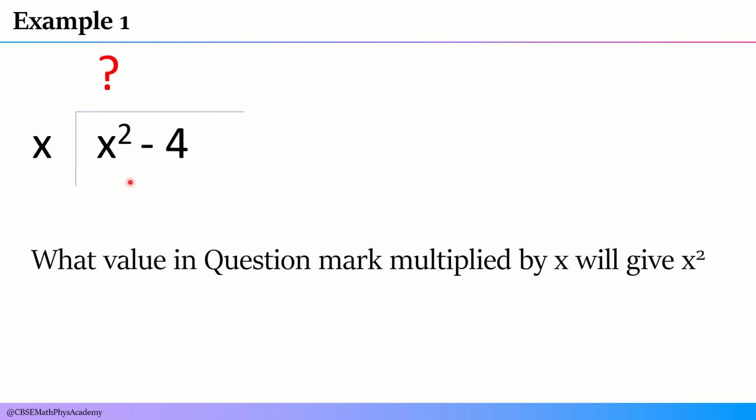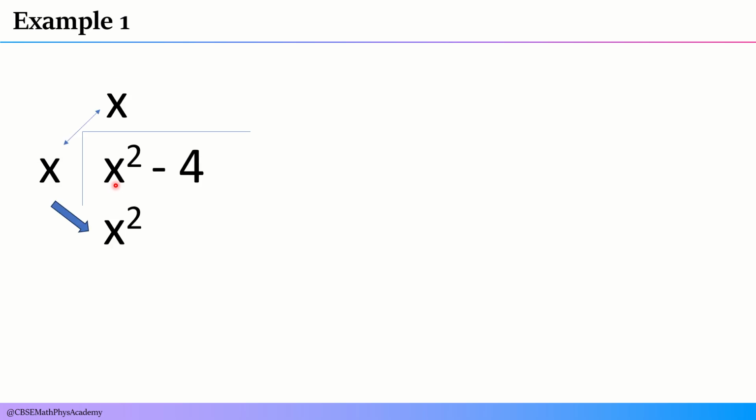It is going to be x. When I multiply x in the question mark with this x, I get x square. So this is how I put the first part of the quotient, x.